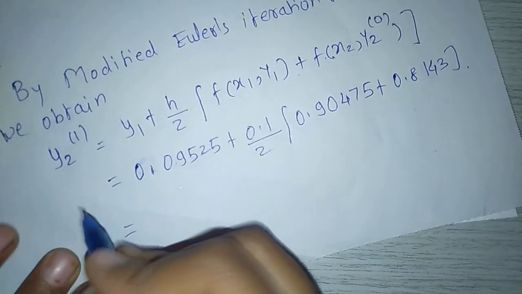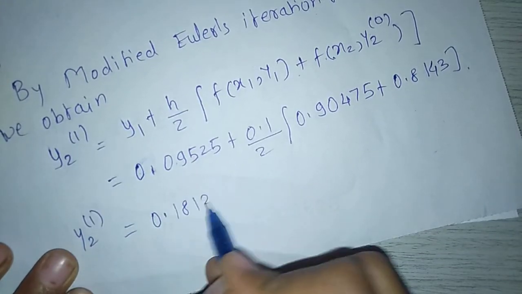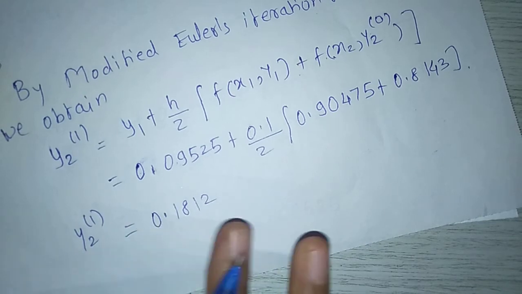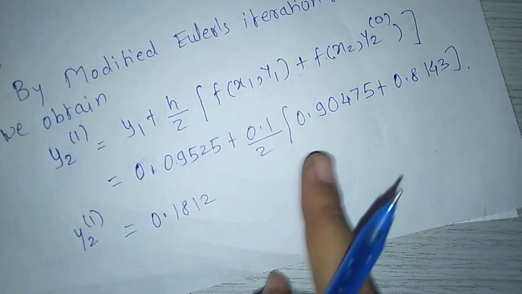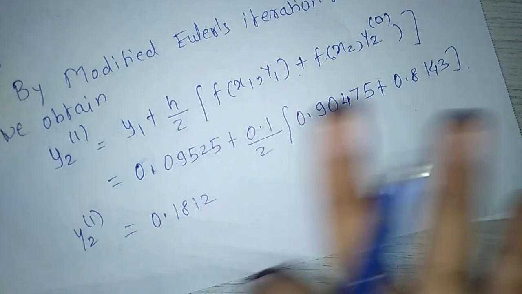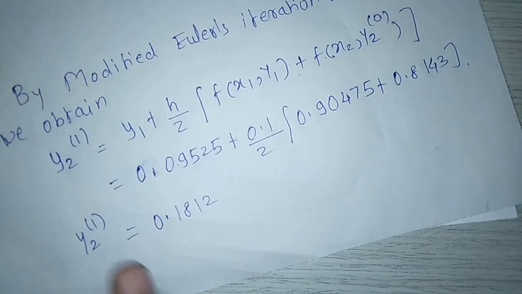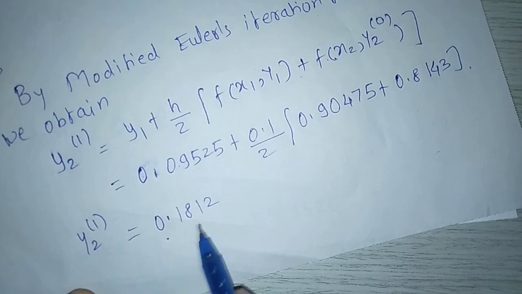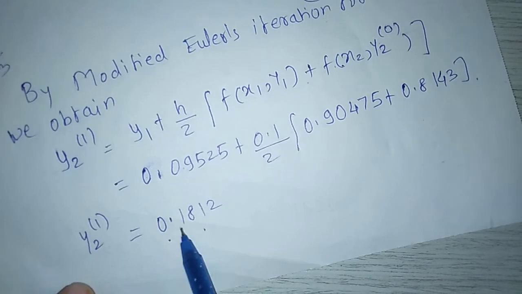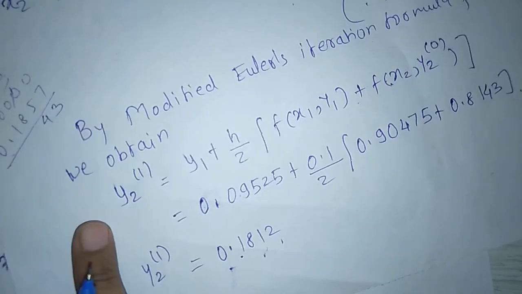After simplification, we get 0.1812. Maybe your value is different, because in the calculator, when we put these values, if your calculator is not fixed, then your answer may be different. So y2 raised to 1 is 0.1812. This is the first approximation of y2.